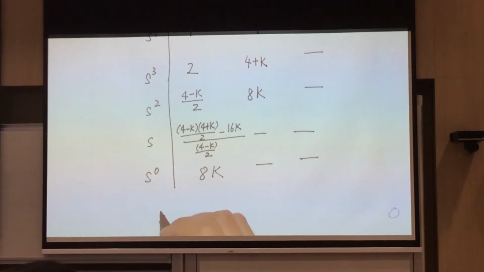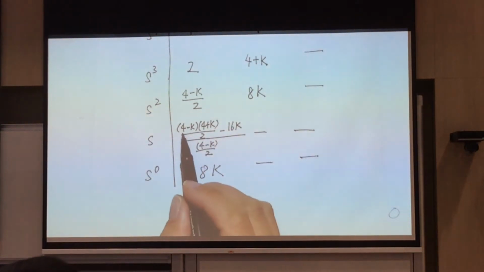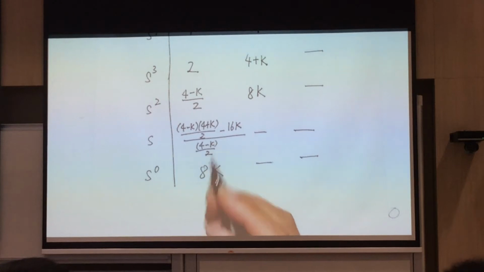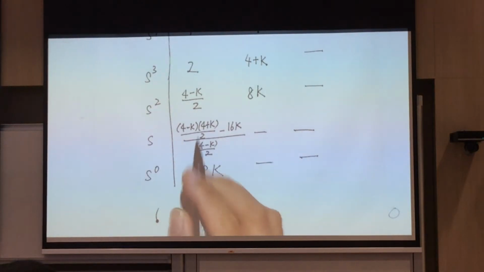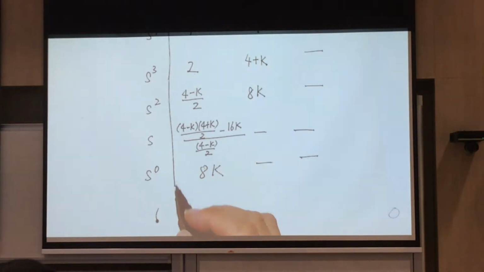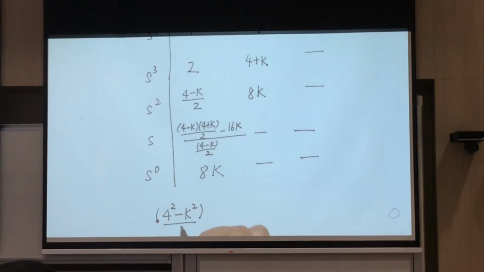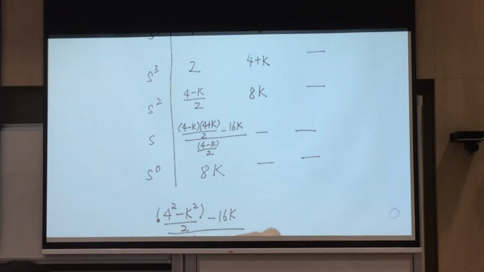Alright, so look at this. A minus B times A plus B, what do we have? Square minus k square over 2 minus 16k over 4 minus k.